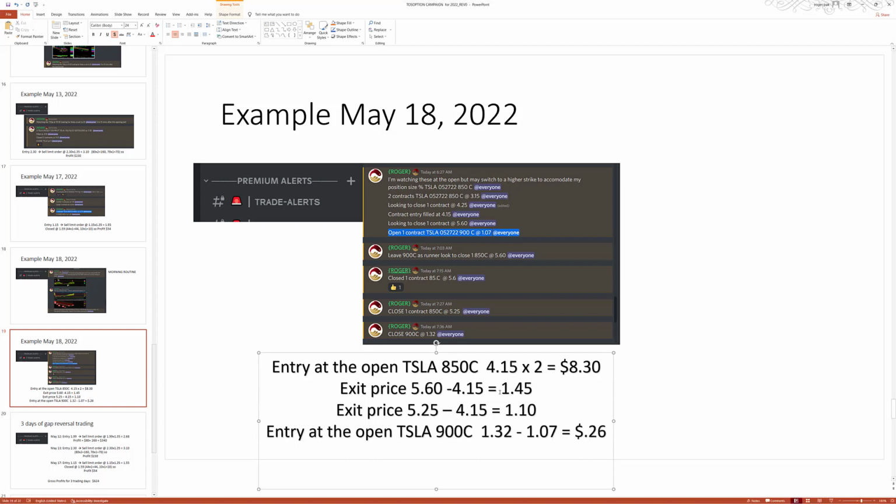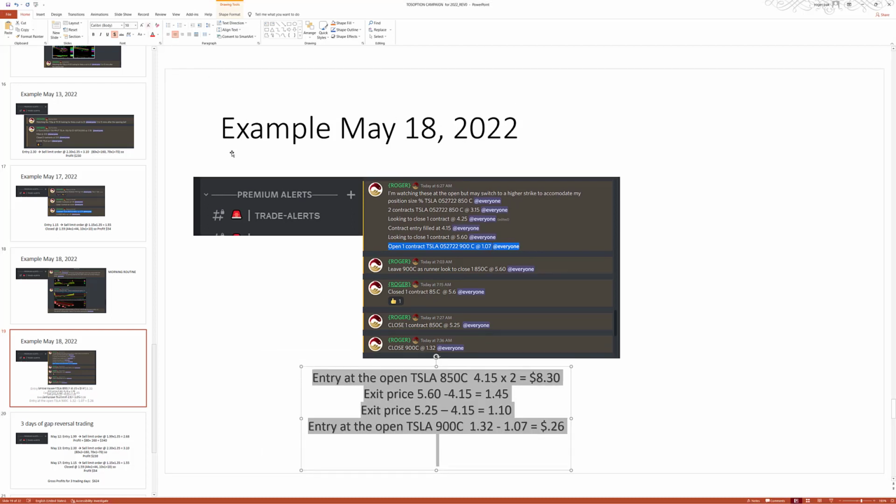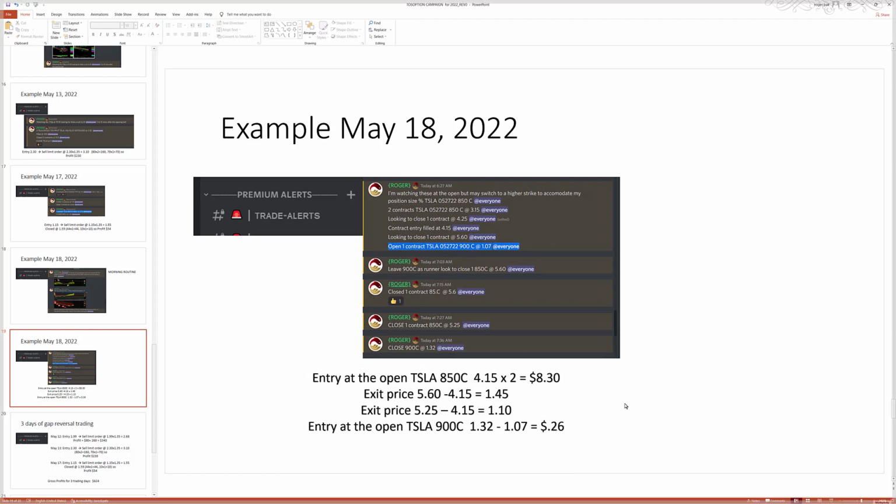So if we add them up, that's 1.1 plus 1.45, and the total profit, or gross profit, is $281.